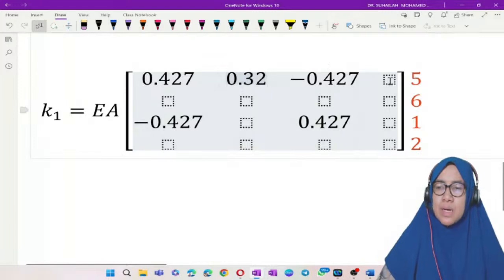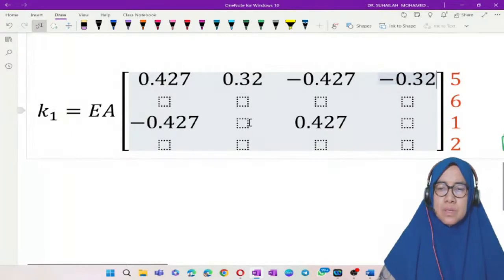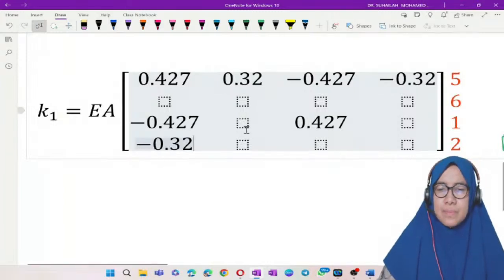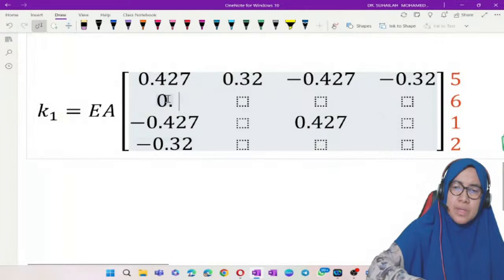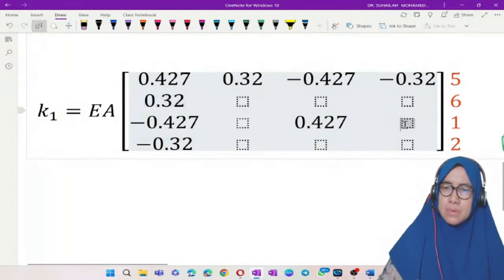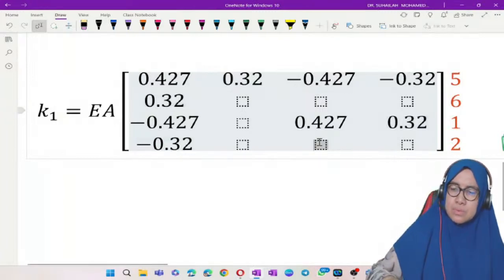So this one is negative 0.32, this one is negative 0.32. This is 0.32 and 0.32.